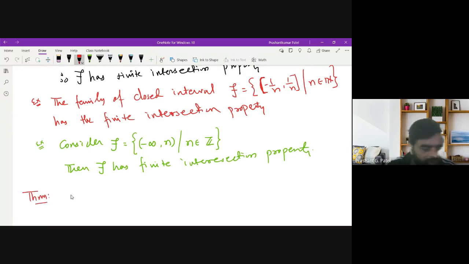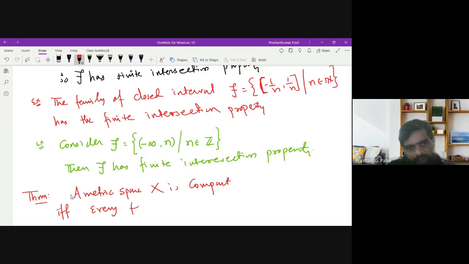And this result says that X is compact, a metric space X is compact, if and only if every family script F of closed subsets of X. Here just one word is added, that is, closed subsets.